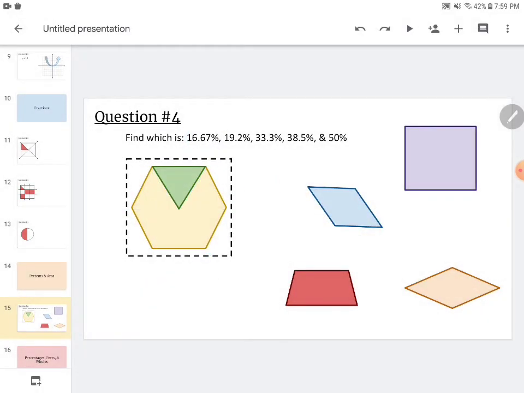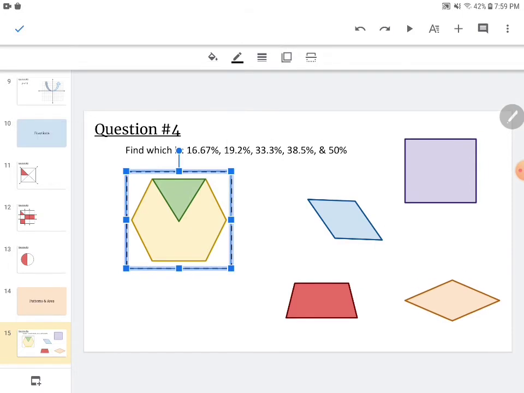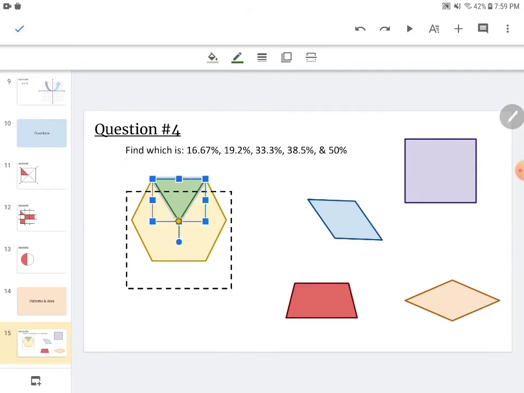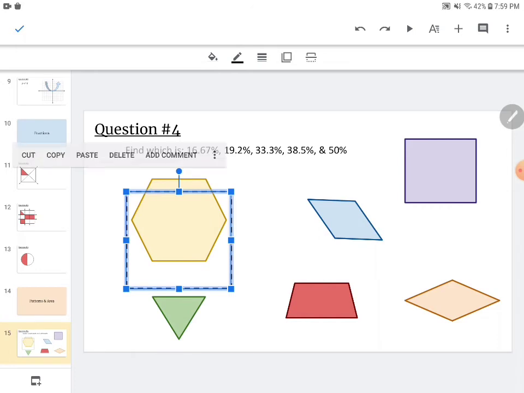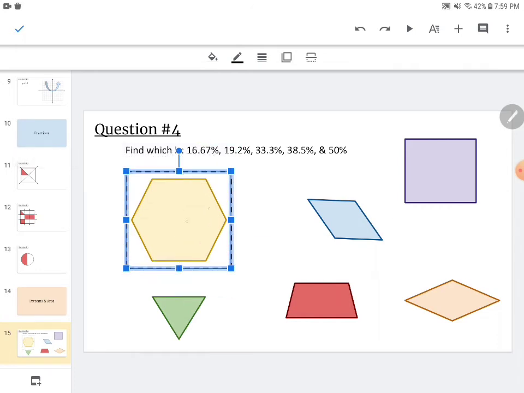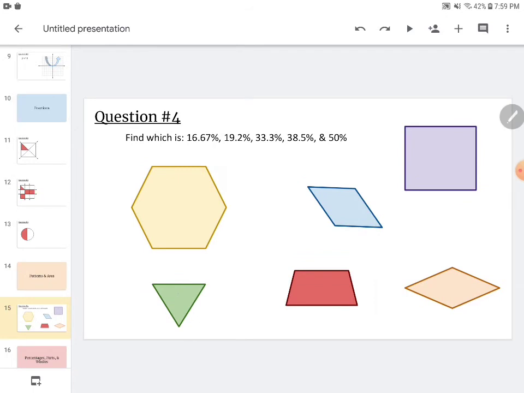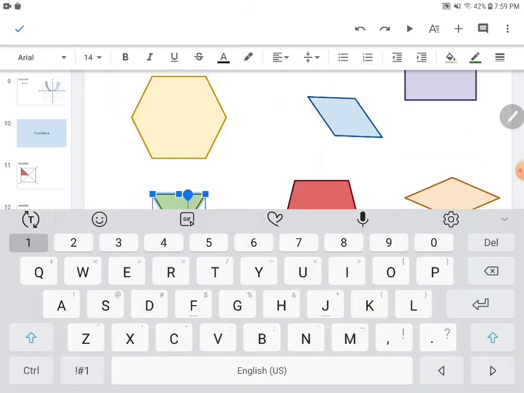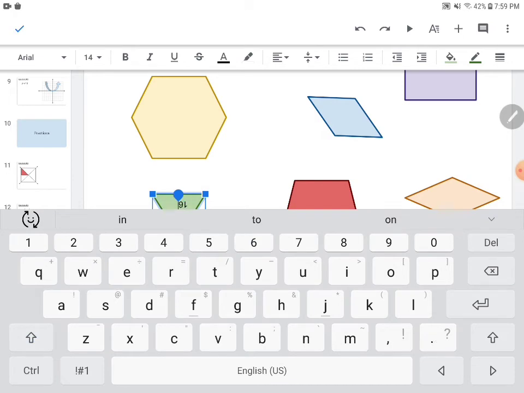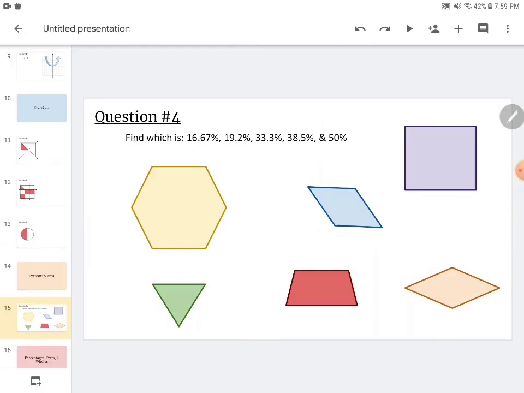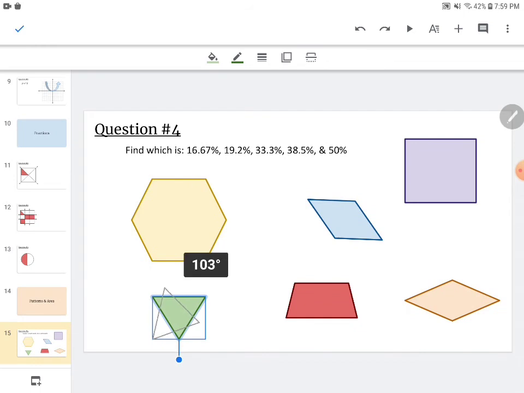So now that we know our triangle is going to be 16.67, let me get that off of there, put that back. Actually, we may get rid of this right here just so that we can move stuff around. I'm going to go ahead and type in 1/6. That didn't work out too well. Let's flip our triangle around.